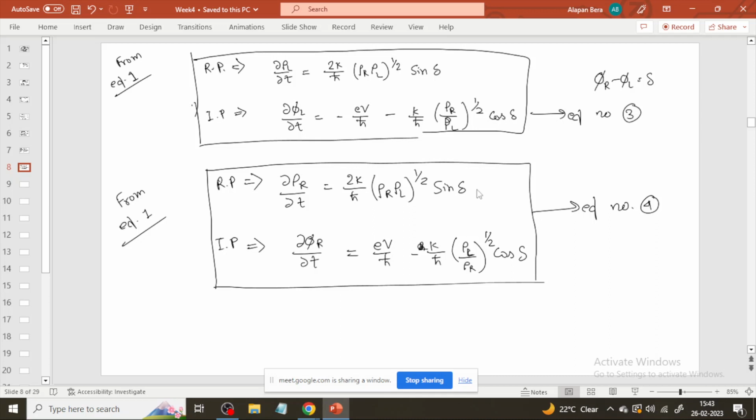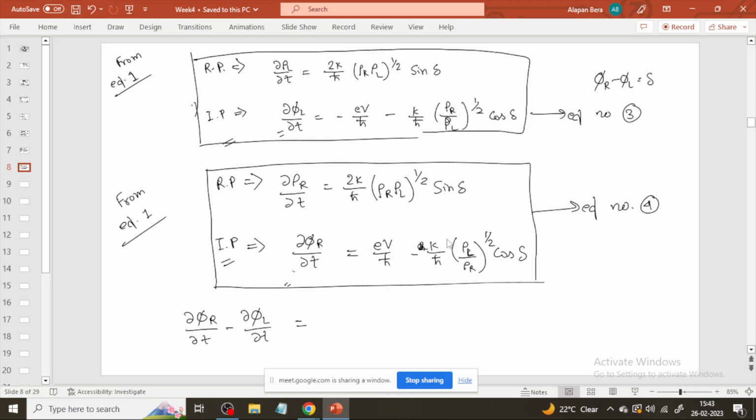Now let's just deduct this term from this term, or the first equation from this equation. So if we subtract this equation from this equation, what will we get?